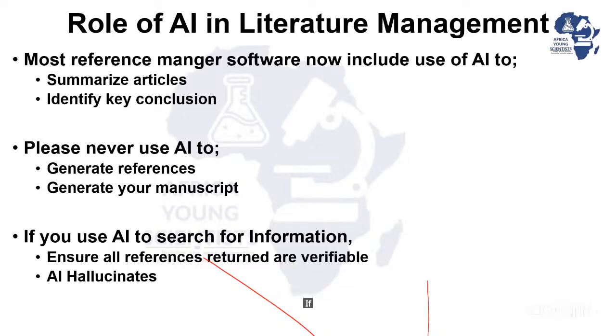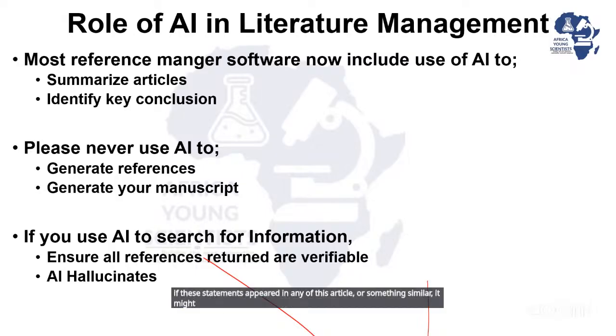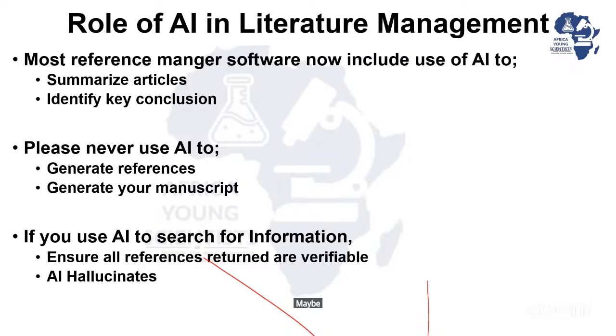If you tried Google and didn't see that, you can try every one of these other databases too, to see if this statement appeared in any of these articles or something similar. It might not be exact. Maybe something similar to that statement that you think is related.